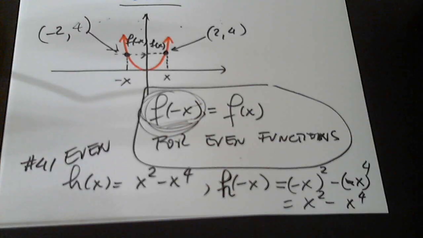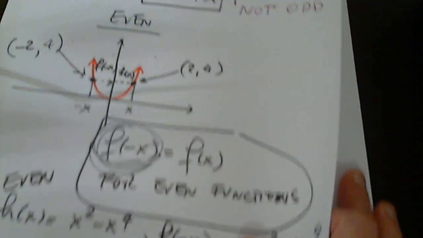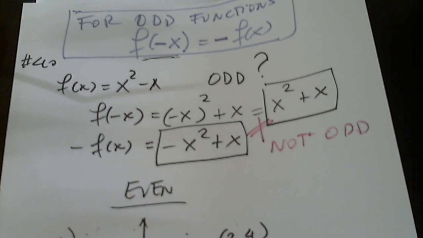Do we understand this property of symmetry, a function being odd or even? Yes, no, maybe. Anyone, please say something. Thank you.